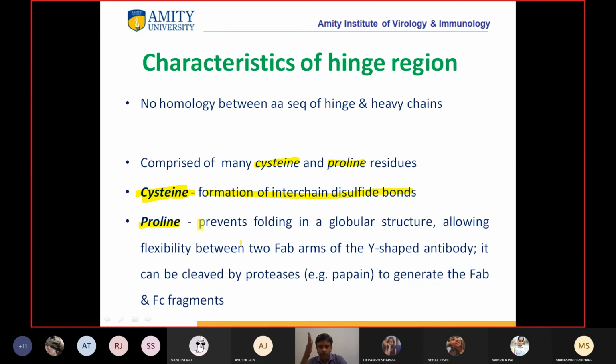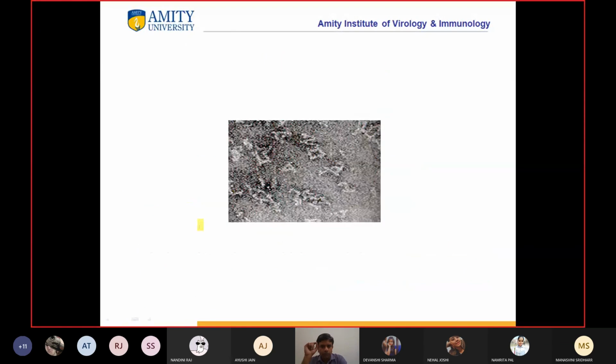So for having that Y shape and for the formation of interchain disulfide bonds, cysteine and proline are there, right? So these are some functions, but the most important function is that it provides flexibility to the arms of the antibody.